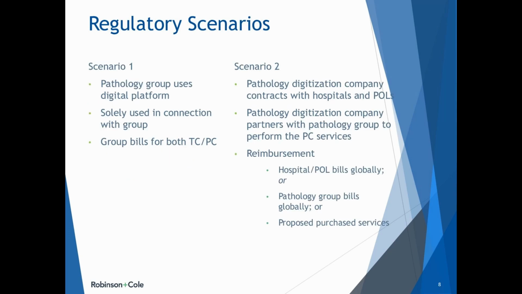Kind of the two scenarios we're seeing a lot is, pathology group just decides to use a digital platform solely within connection with their group. They're billing for TCPC, very straightforward, basically converting their practice into moving to digital. As we talked before, we have to still think about licensure and patient consent and things of that nature, but we still have to address the Stark and office ancillary service exception, depending on how the pathologist is employed or contracted with the group and where they're sitting.